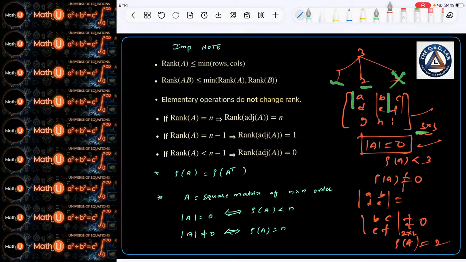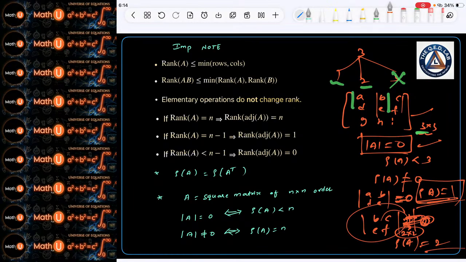If both determinants are equal to 0, then the rank of that matrix is finally equal to 1. If determinant of A is not equal to 0, then rank of A is equal to the order of the matrix. You should remember this one.